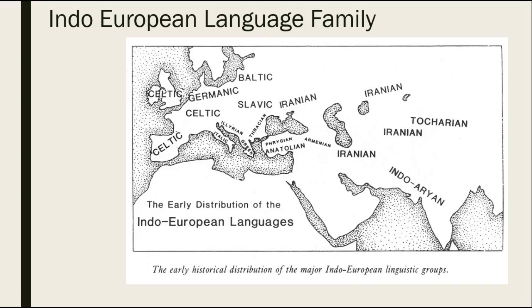The name Indo-European derives from the geographical range over which these languages were spoken before they were spread to the New World. So, as you can see on the map here, Indo-European languages ranged from the Indian subcontinent. You can see we have Indo-European to the north in the Eurasian steppe. We've got Iranian, Tocharian, and all the way through Europe. And in fact, most languages in Europe trace back to a common ancestor.